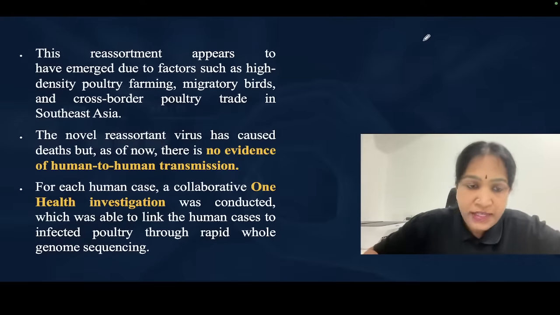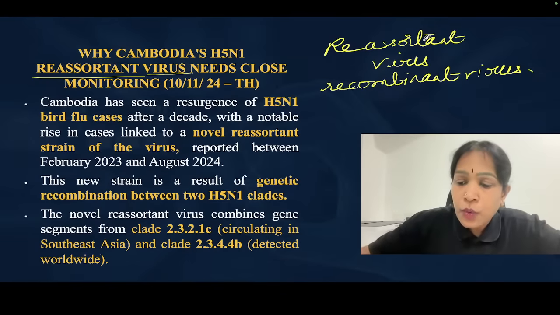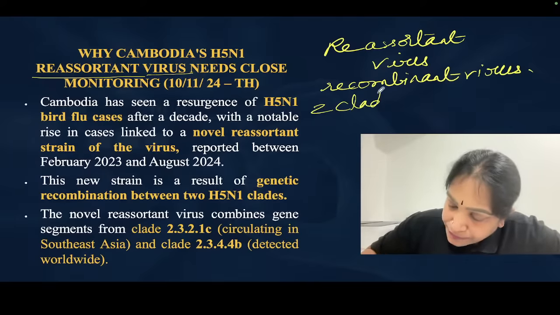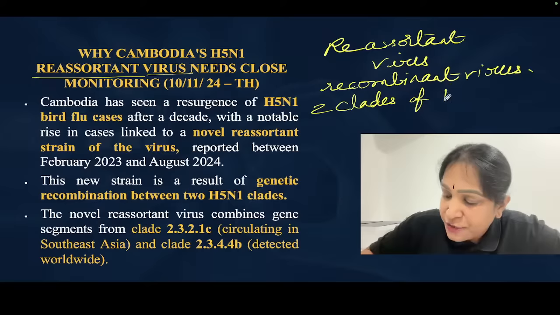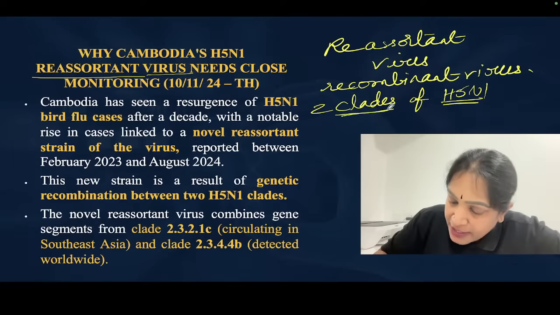What is recombinant virus? Let us suppose there are two clades of H5N1. Okay. What do you mean by clades? The word clade means what? Like strains.